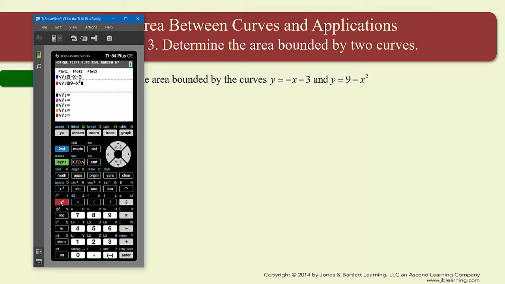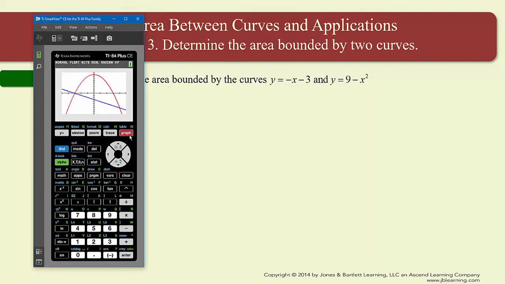Let's see, viewing window. I'm just going to start off on the x-axis going from negative 5 to 5. Y-axis, I'm going to start off going negative 10 to 10. And let's see what the graph looks like.